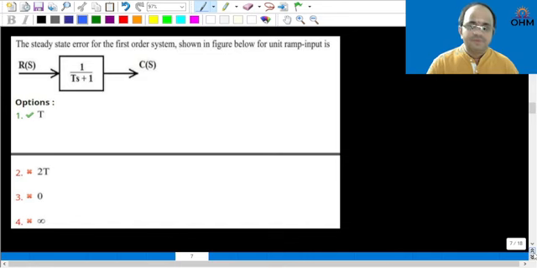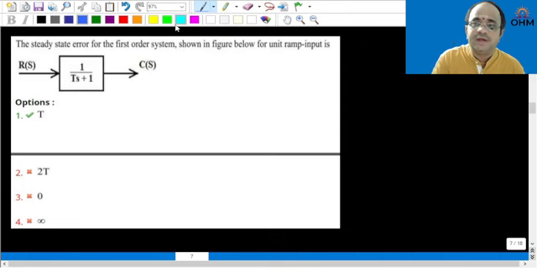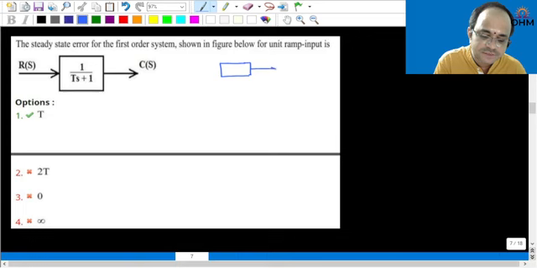Next one, another very simple question. The steady state error for the first order system shown in the figure below for unit ramp input. Unit ramp input means you need to find the steady state error by using the velocity error constant, that is kV. In order to find kV, first let us look into the open loop transfer function of the system.